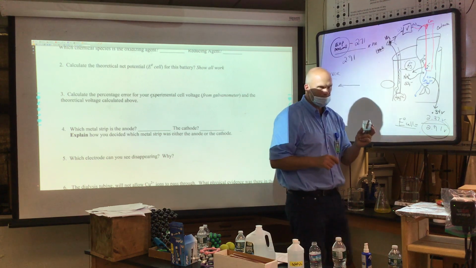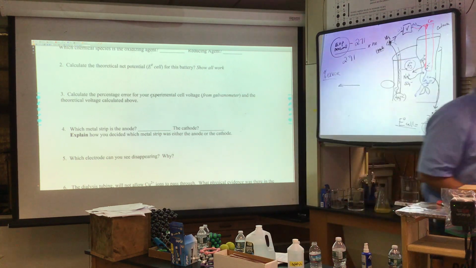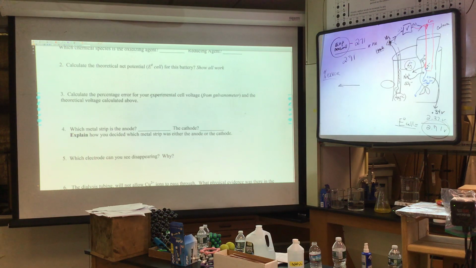What I mean by that is, if I can pull it out with some tweezers, all right, and go up close and personal with this, and I'll show you in a second, where did the other magnesium go? Okay, it became an ion.